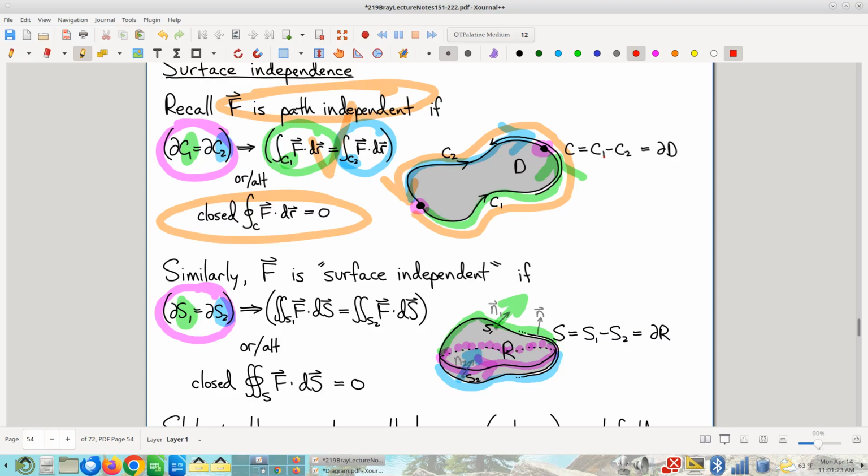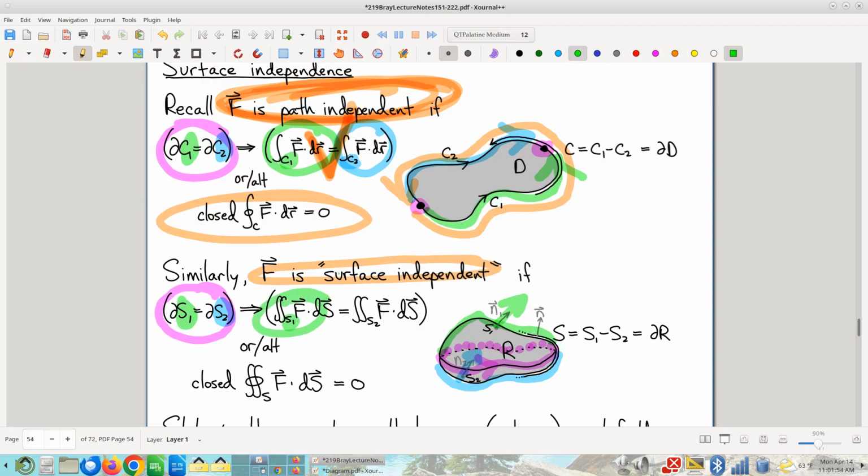All right. So we've got analogous setups. And in the same way that there is this idea called path independence, where amazingly, assuming all the rules are satisfied, the line integrals must be the same. Shocking. Likewise, there is this concept called surface independence, and it's exactly the same thing.